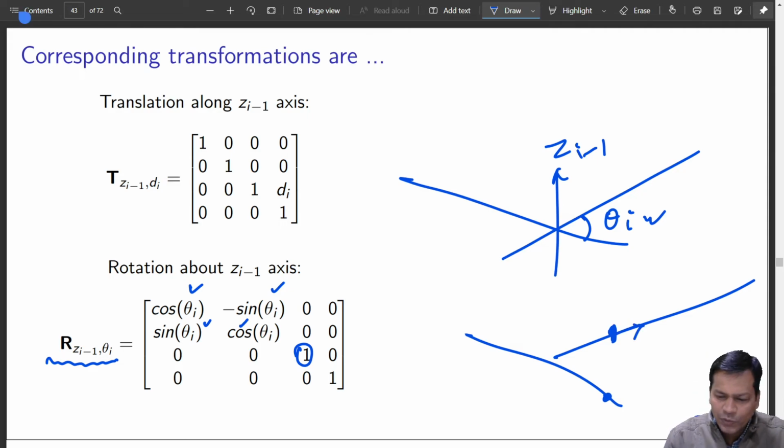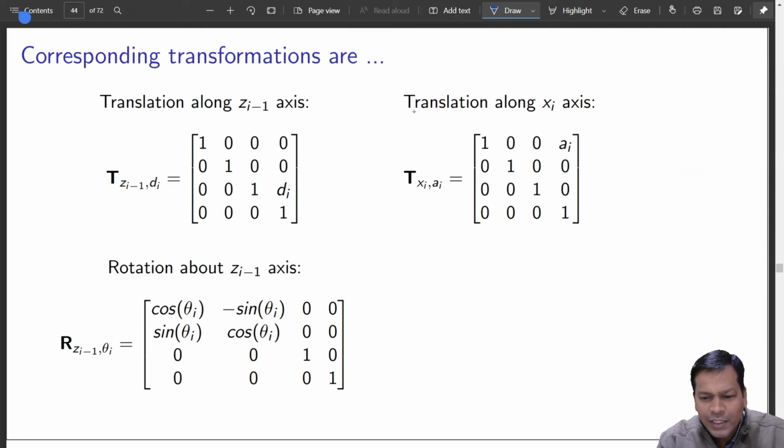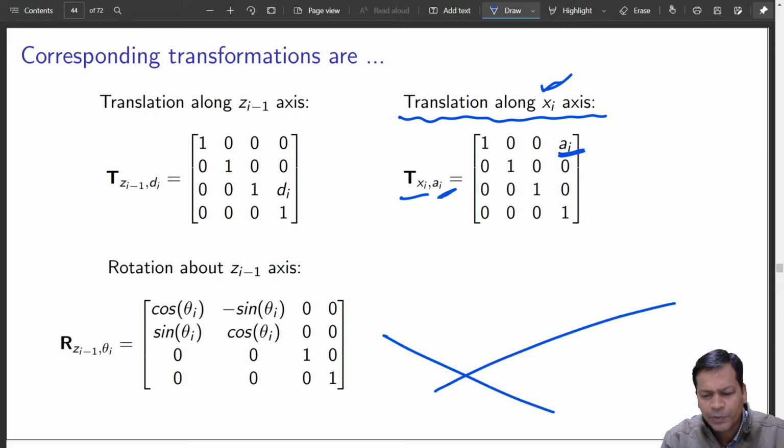Now what you will do, next one will be translation along the x axis, x_i axis, by a distance a_i. So you see, it is translation along the x axis by a distance a_i. Why is it so? Because this was your relative position, this is your z(i-1) axis.